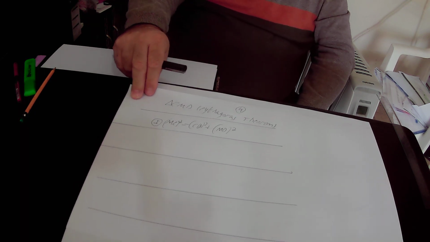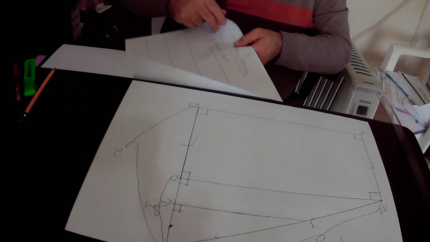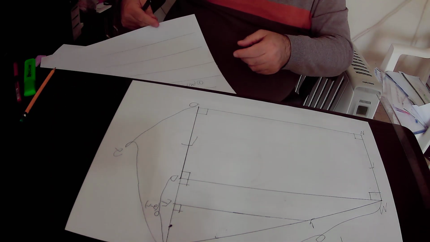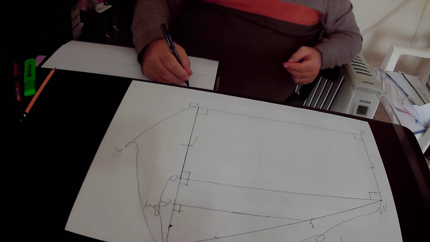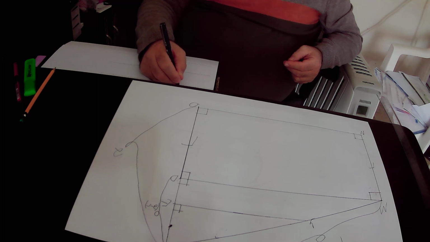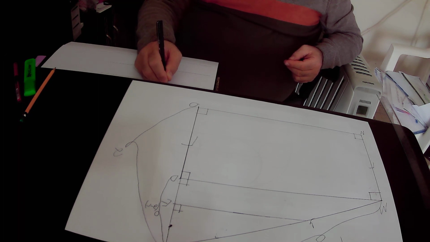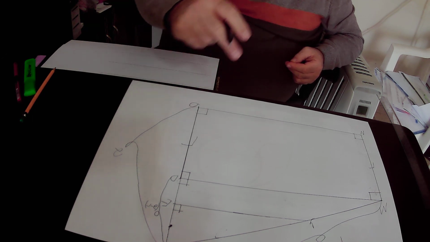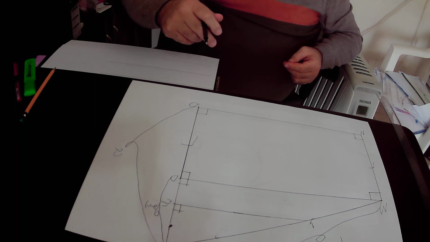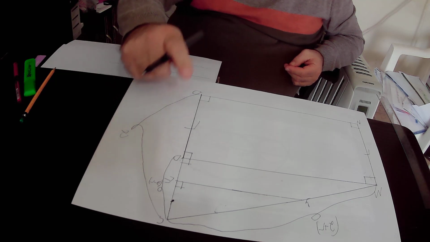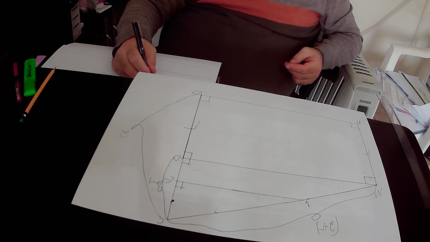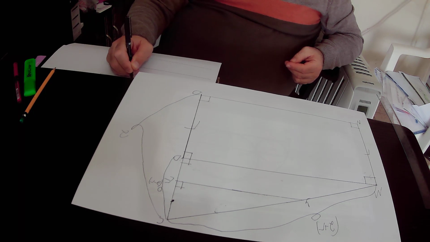But we have already found out that MC equals 2 plus R, so MC square will be equal to (2 plus R) squared, and it equals CD square plus MD square.